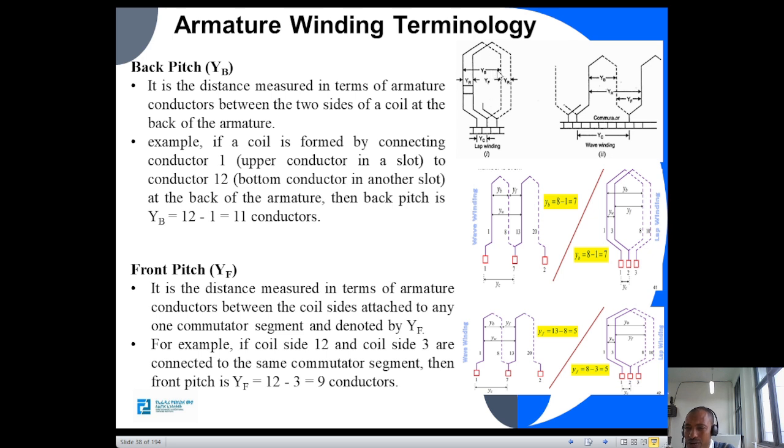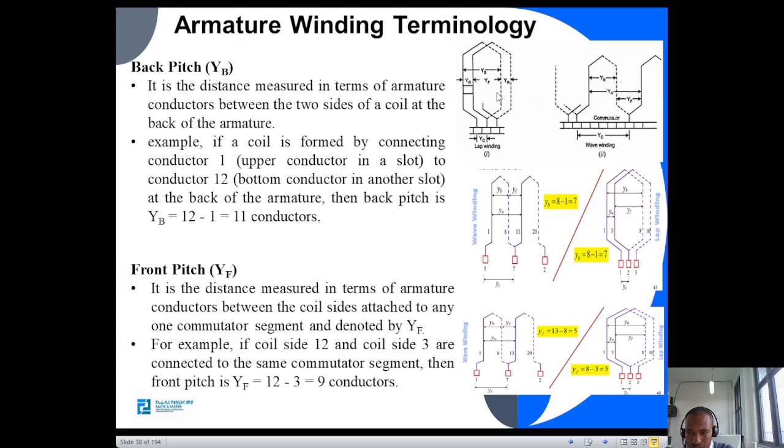This is the back side of the coil. And the distance from the second coil's first side to the first coil's second side is the front pitch. And the difference of the two we call the resultant pitch.